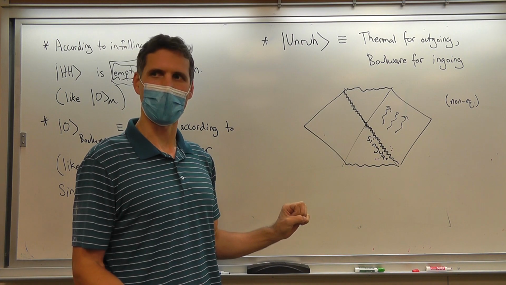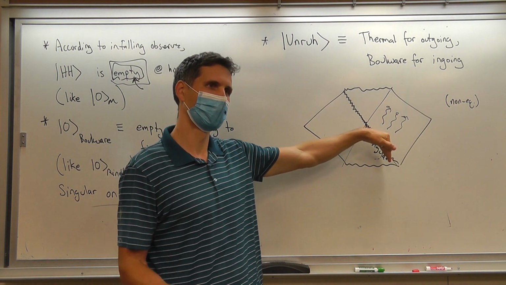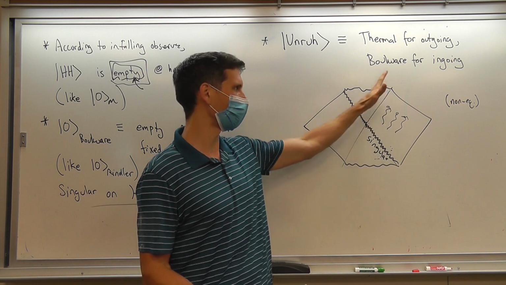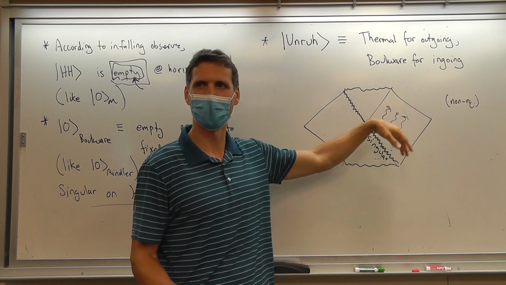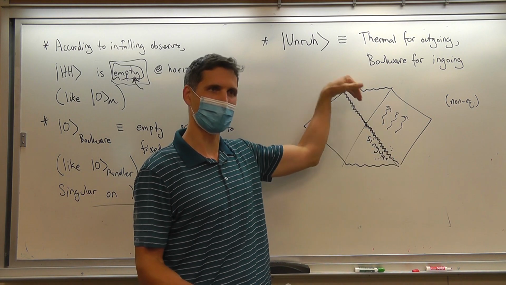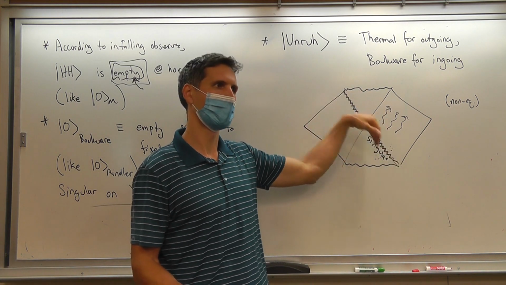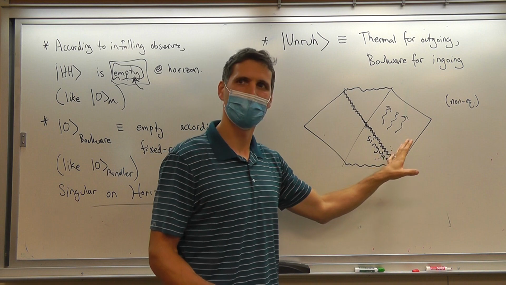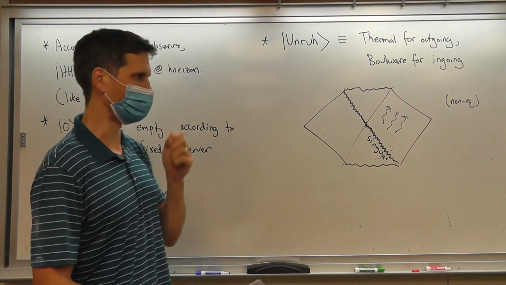And the reason that's okay is they don't have a past horizon. We're about to get to this, but the past horizon is not physical for a collapsing black hole, so they're allowed to be in this state. And that's what we're going to see in a minute.